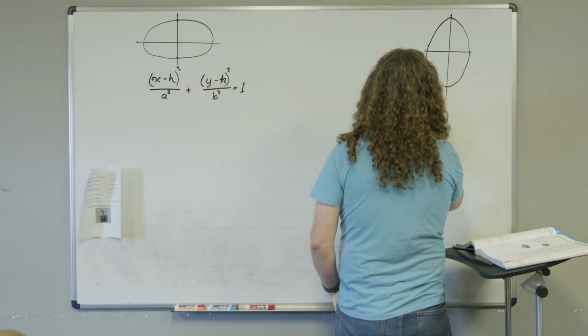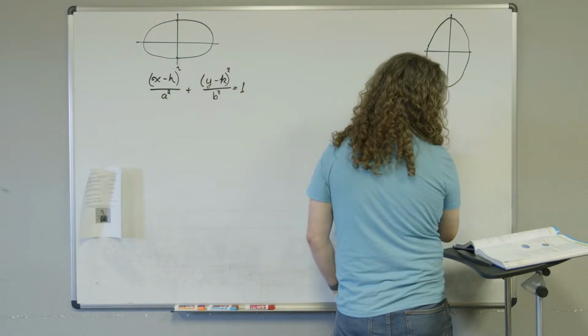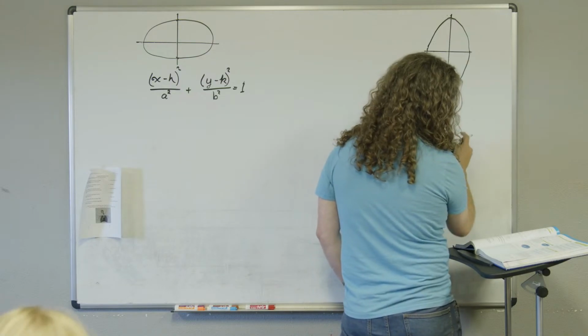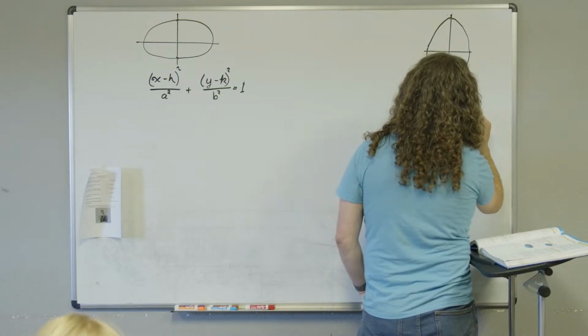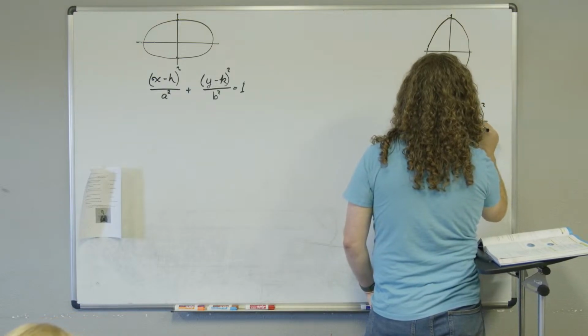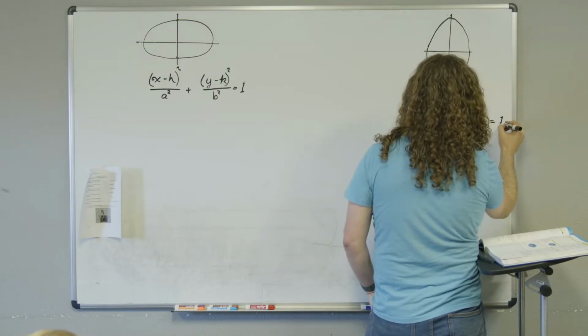(y - k)² / a² + (x - h)² / b² = 1. Okay.